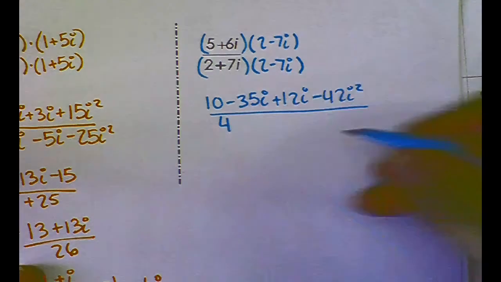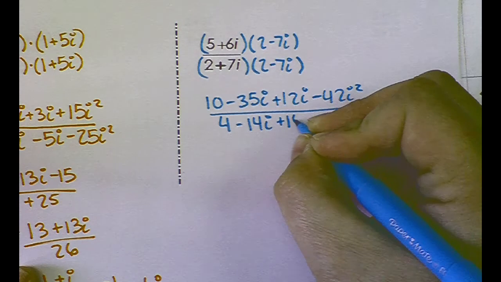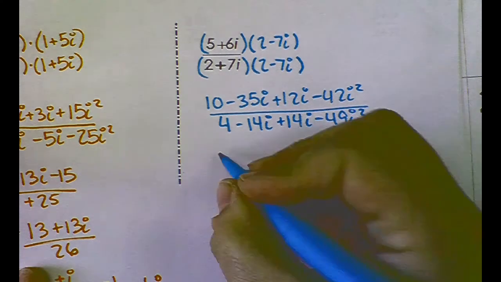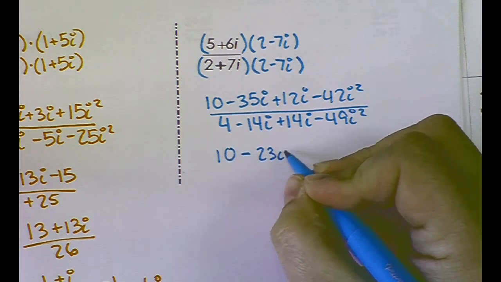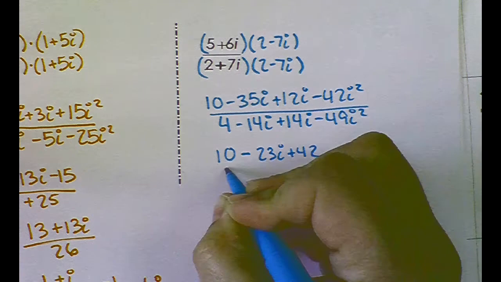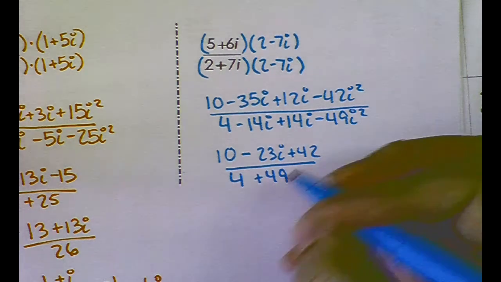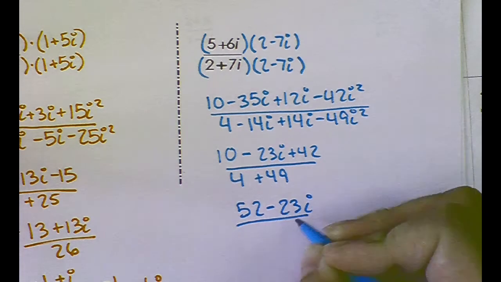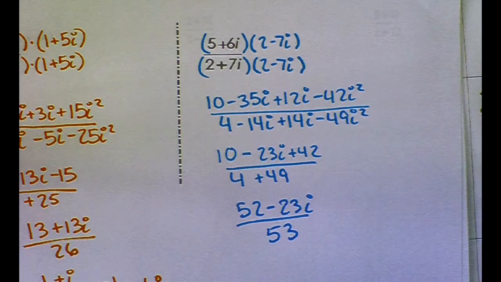Over, multiply out the denominator, 4 minus 14i plus 14i minus 49i squared. Combine like terms, I get 10 minus 23i plus 42 over 4 plus 49. I have 52 minus 23i over 53. Can't do anything with it. That is my final answer.